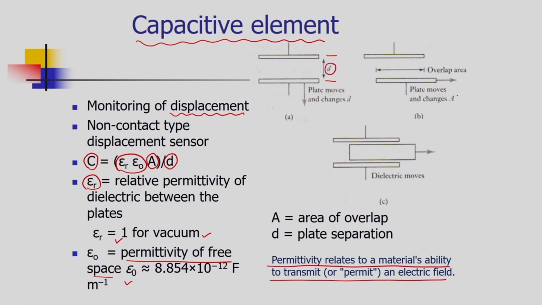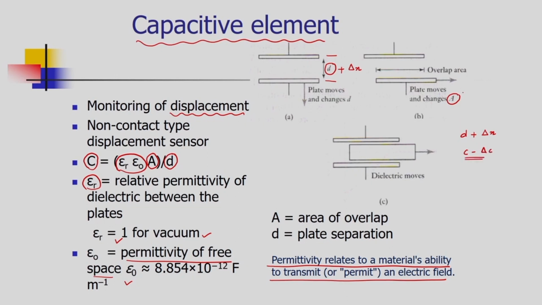There is an overlap of A between these two plates. When this separation is increased, so d plus delta x, if I am increasing it by a value delta x, then the capacitance is changing. So, we are getting C minus delta C.